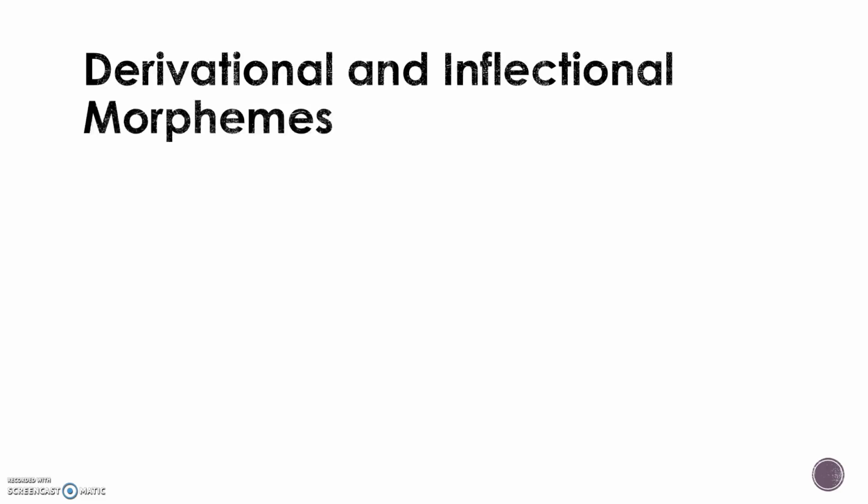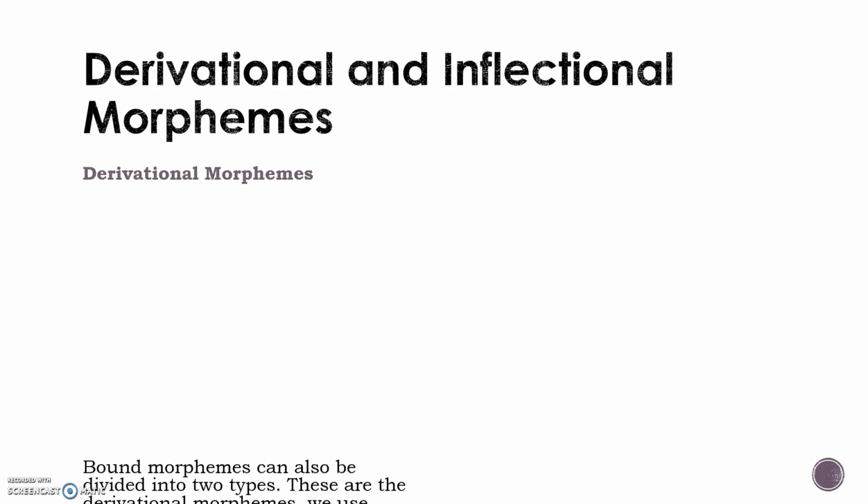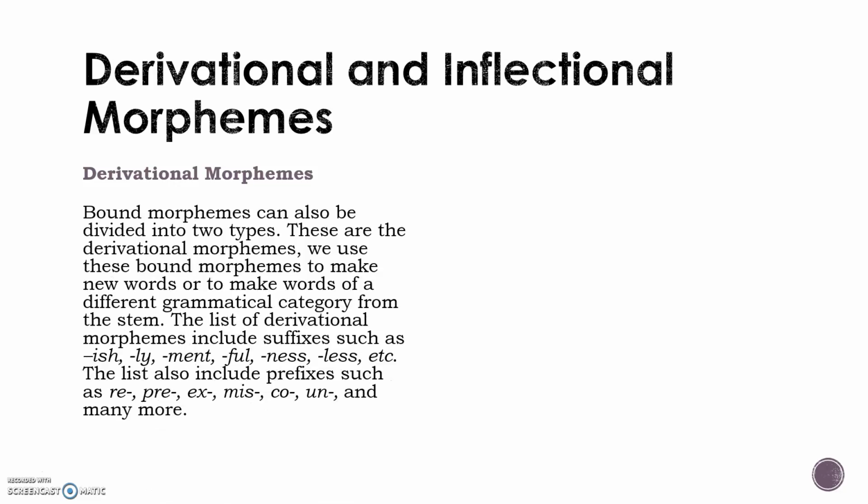The derivational and inflectional morphemes. The derivational morphemes. Bound morphemes can also be divided into two types. These are the derivational morphemes. We use these bound morphemes to make new words or to make words of a different grammatical category from the stem. The list of derivational morphemes includes suffixes such as -ish, -ly, -ment, -ful, -ness, -less, etc. The list also includes prefixes such as re-, pre-, ex-, mis-, co-, un-, and many more.